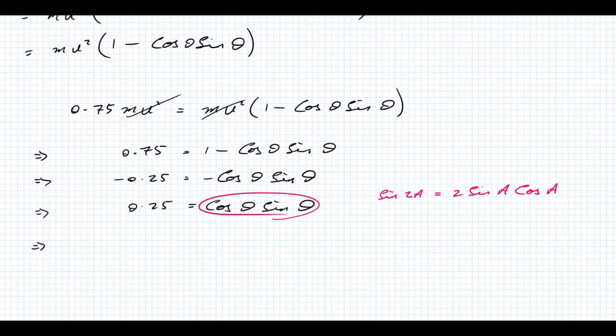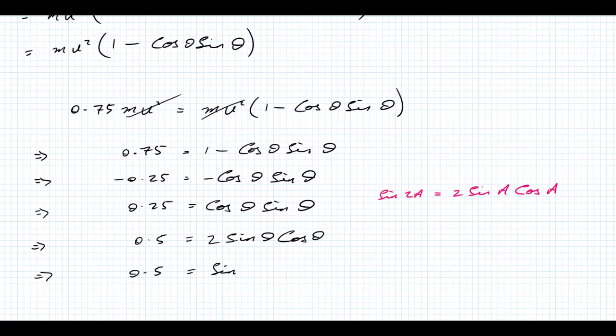Well, I've got a sine A cos A anyway, so I don't have the 2. So what I might do is just multiply both sides by 2. That'll give me 0.5 here. I'll put in the sine first, sine theta cos theta. So the right hand side will just change to sine 2 theta based on this here.